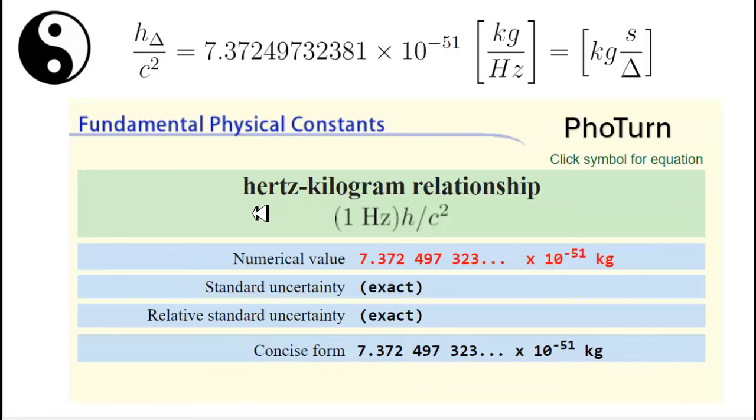But here is what the NIST standard does. In my model, even if I get rid of the cycle term because the NIST standard doesn't have one, the units of h over c squared are going to be kilogram times second. But in the NIST standard, they report h over c squared as having units of kilogram.